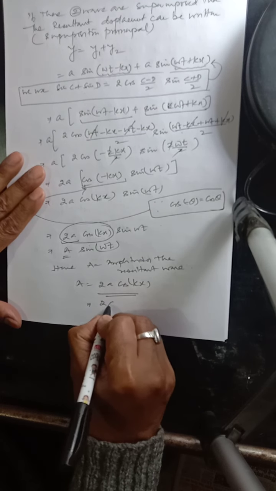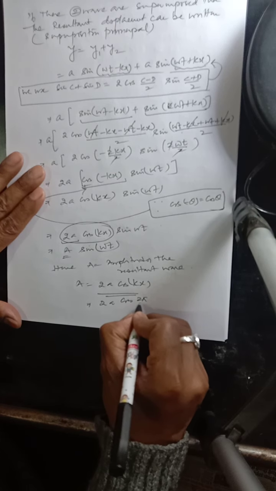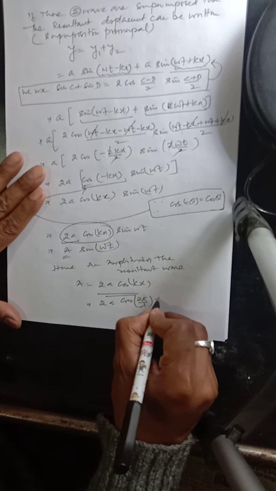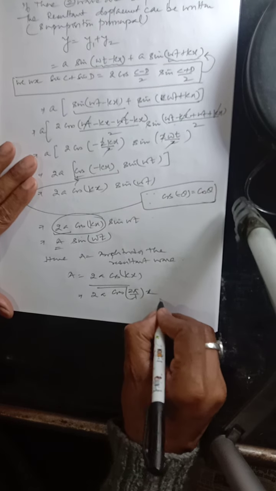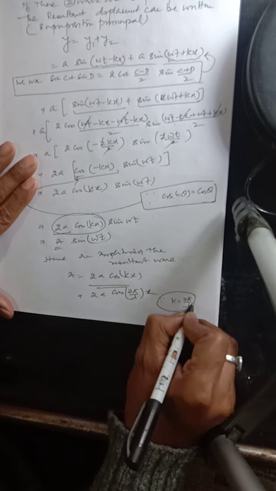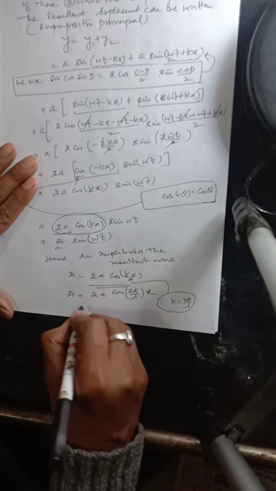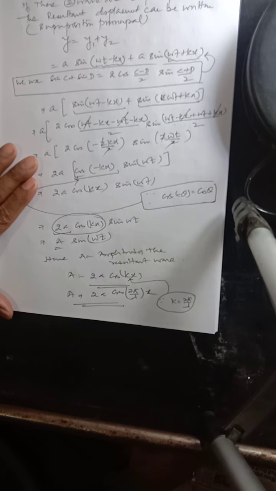The value of k is 2 pi by lambda, so this value is to be put in place of k in the amplitude: 2A cos of (2 pi by lambda) x.